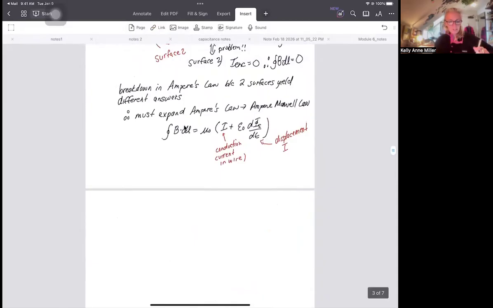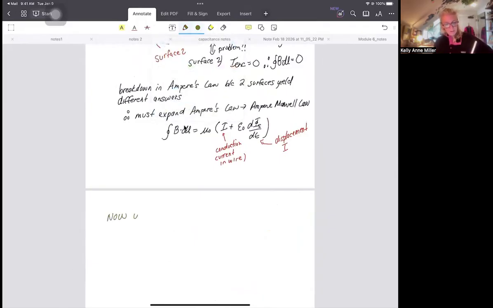Let's now use the Ampere-Maxwell law to look at the two surfaces.